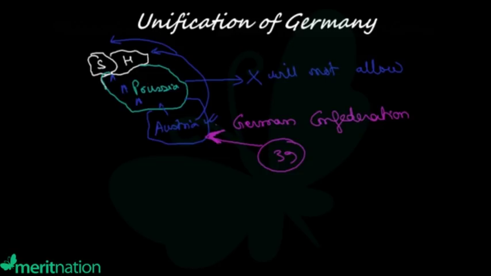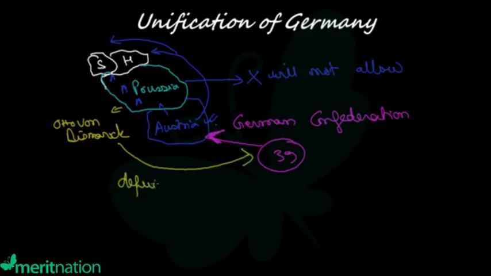However, by this time, Otto von Bismarck had emerged to be such an important, strong identity. He said, I defunct this confederation. I don't accept this confederation. And he openly declared war against Austria.